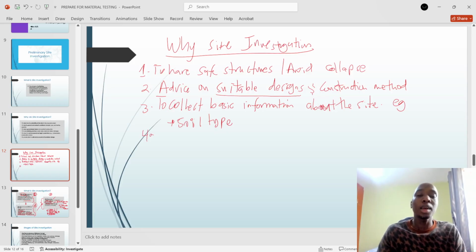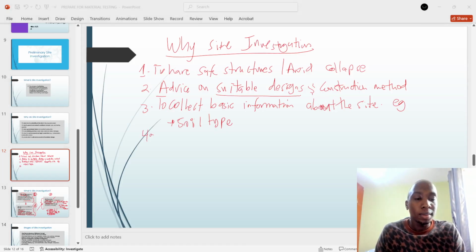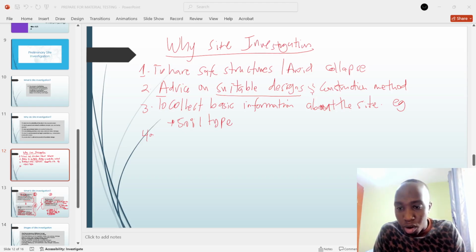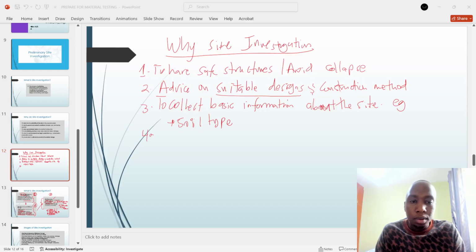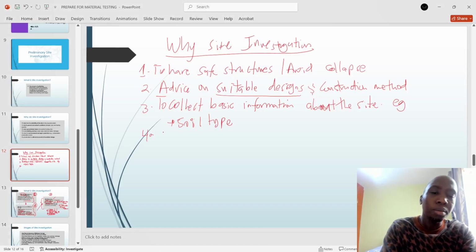Let's have another point. I'm looking at the hands that have been raised. Gitonga Joshua. Okay, to familiarize with the site so that you can understand where there's need of leveling or such things. Very good.